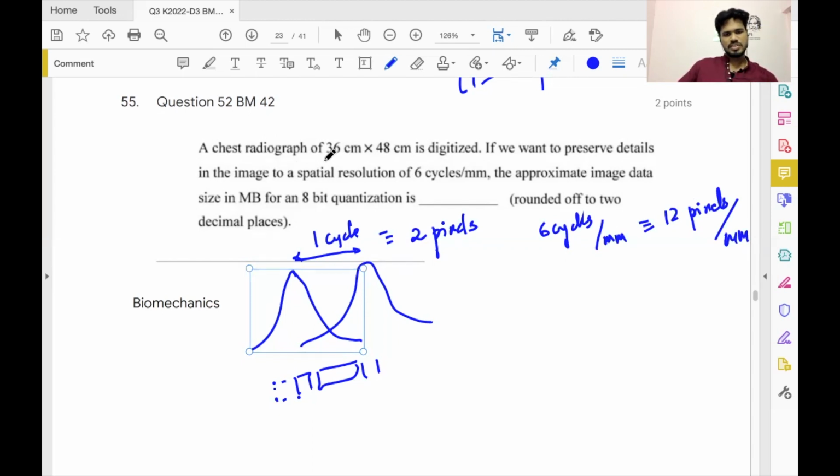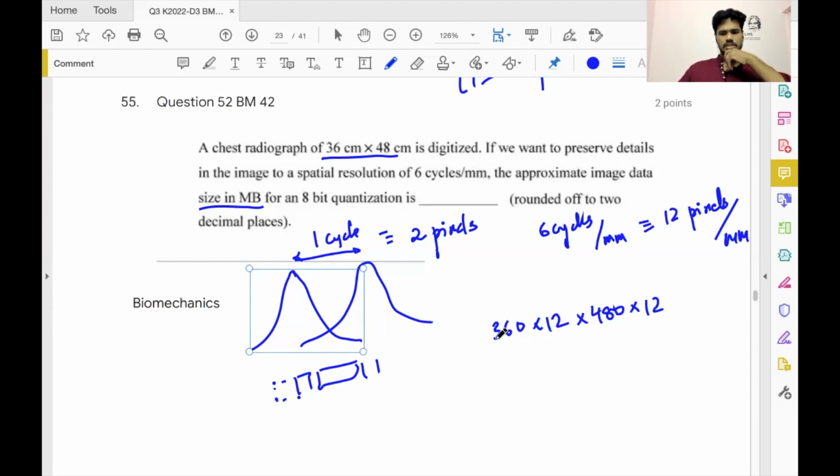Now, this is the size of the radiograph. Based on this, can we calculate the image size in MB? It's a very simple problem. Take the x direction, that is 360 mm. That should have 360 into 12 pixels. Then we'll also have pixels in the y direction, multiplied by the number of pixels in this, rows times columns. So this times 480 mm in the y direction. 1 mm will have 12, so 480 will have 480 into 12.